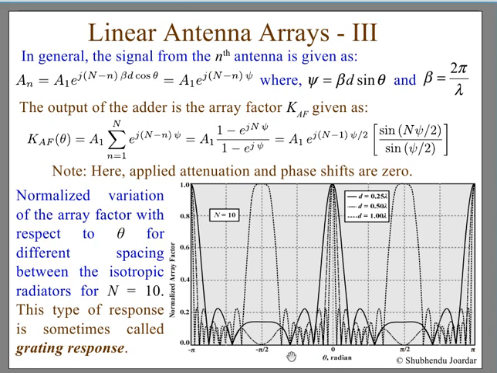You can see the variation of the array factor for the number of antenna elements n equal to 10, for the 3 distances I have shown here: d equal to 0.25 lambda, d equal to 0.5 lambda, and d equal to 1 lambda. So let us see them one by one.